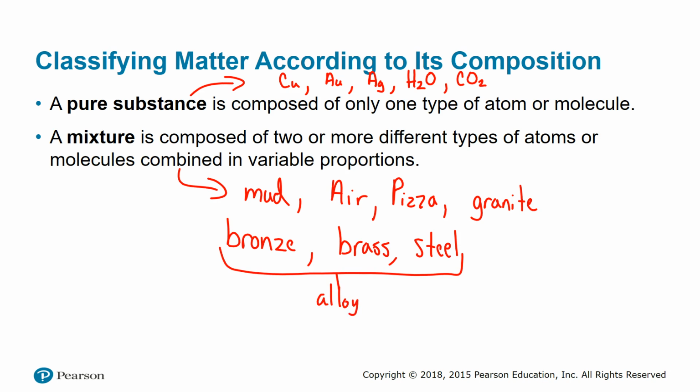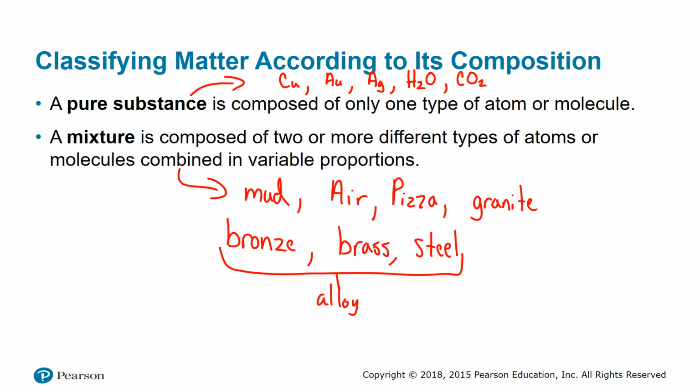All right. So I'm going to list those three at the bottom. So things like bronze, brass, and steel are a special type of mixture. They're metals that are made of mixtures of different metallic elements. They're all considered to be alloys.